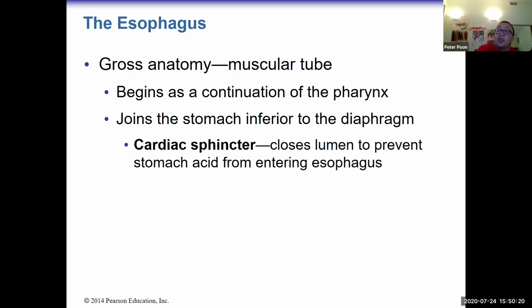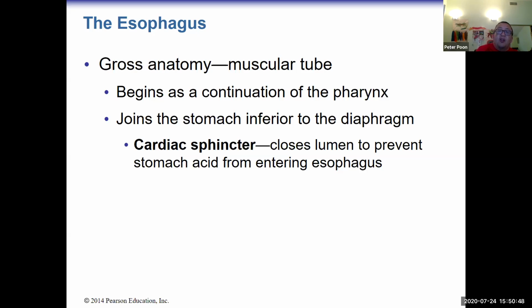Your esophagus is not designed to handle that, so you have to seal off the stomach from the esophagus to prevent the acid from reaching it. When that happens, that is called heartburn. So to prevent heartburn, you have a sphincter called the cardiac sphincter.